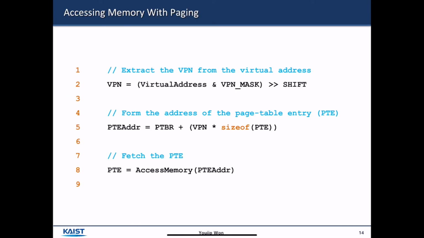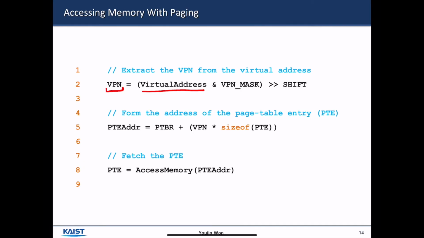Let's look at this sample code. This is a software representation of accessing memory with paging. Of course, this can be implemented in hardware. First, from the virtual address, it extracts the virtual page number.